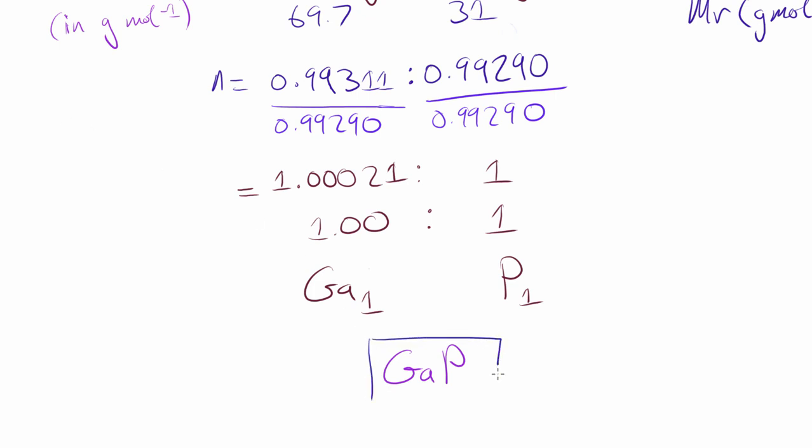Although this is an empirical formula, it actually relates to a compound. If we assume for a second that this is the molecular formula of an actual compound, one of the compounds it does relate to is gallium phosphide, which as I just mentioned has effectively the formula GaP.